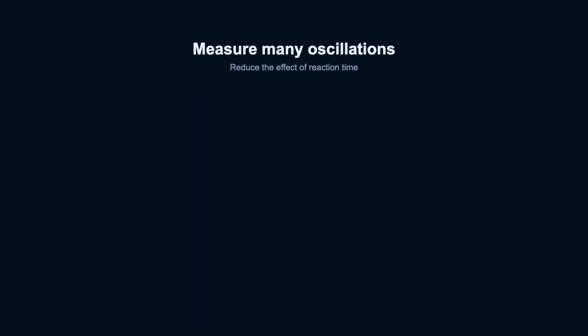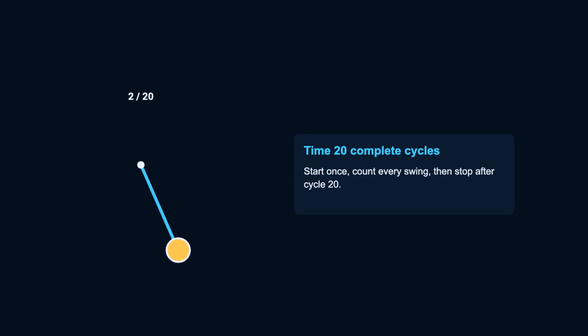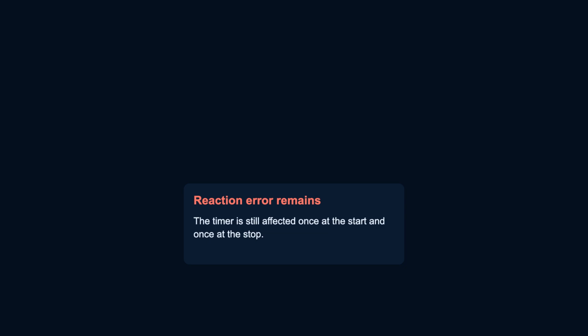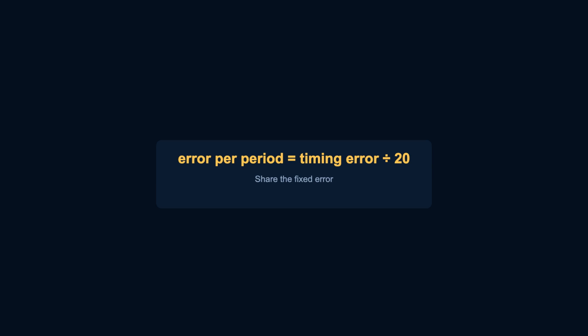The fix mirrors the paper stack. Time 20 complete oscillations in a row before stopping the clock. If that takes 30.0 seconds, divide by 20 to get a period of 1.5 seconds per swing. Your reaction time error still happens twice, at start and stop, but now it's shared across 20 cycles instead of one.